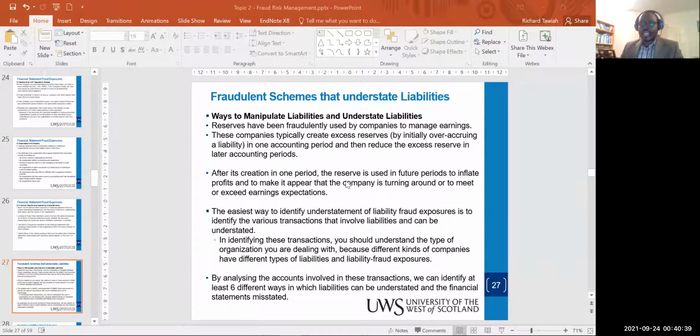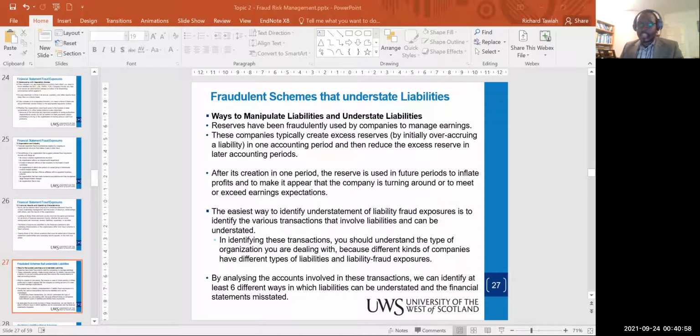At this point, we'll be considering fraud schemes that understate liabilities. Like I said, we will be looking at liabilities and then assets, and we may not go into revenues and expenses for now. We'll hold on to those because they are the difficult areas to identify.